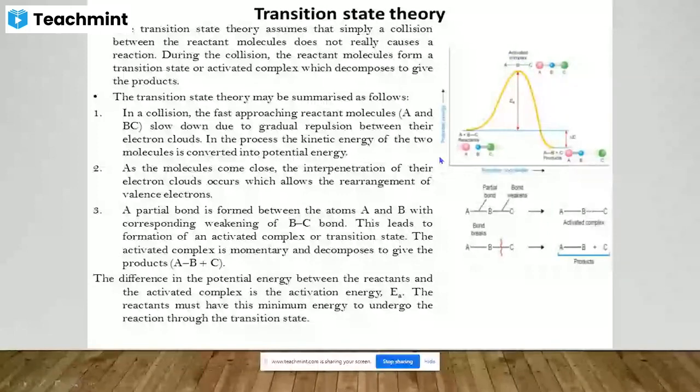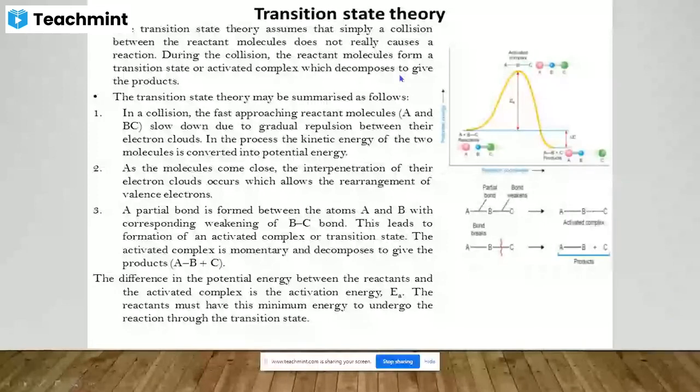When the intermediate, that is the activated complex, breaks the bonds with the reacting molecules and forms bonds in the new molecules, it loses energy and the products are formed.